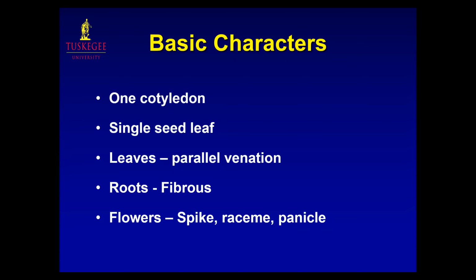That's their parallel venation, and we'll show pictures in the coming slides of the cotyledon and the venation, also the root. All the grass forages have a fibrous root, and their flowers or seeds will be either in a spike, raceme, or panicle arrangement.